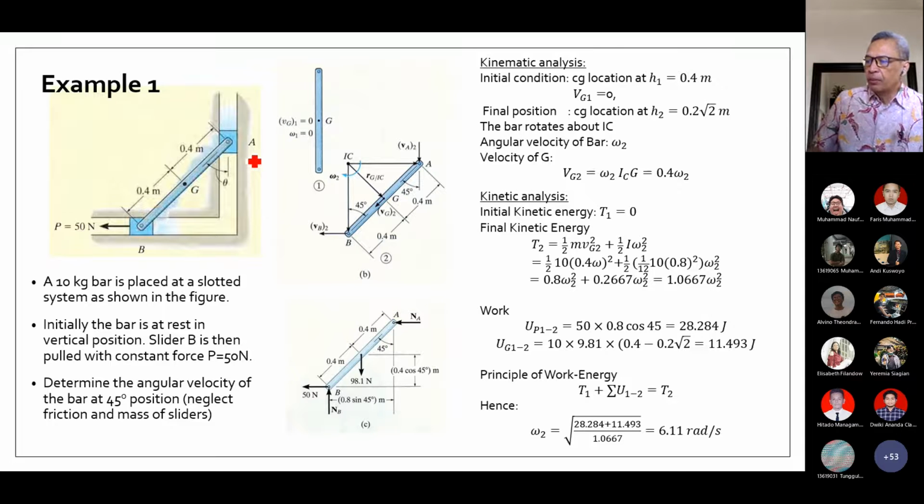So we have to define the angular velocity of this bar at this position at 45 degree, by neglecting the mass of this cylinder. So we assume this slider has 0 mass, and there is no friction acting between the slider and the slot.